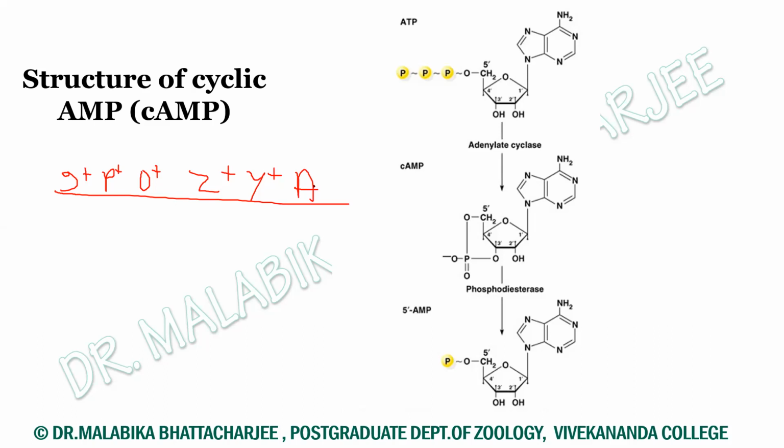Now, in the system, there is lactose. So if there is lactose in the system, we have both lactose and glucose, right? So if there is already lactose present in the system, then this lactose will remove the repressor from the operator.